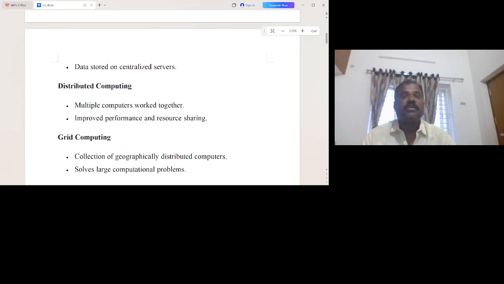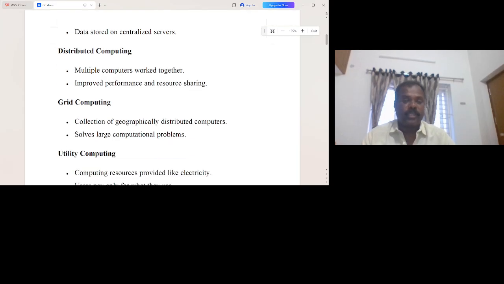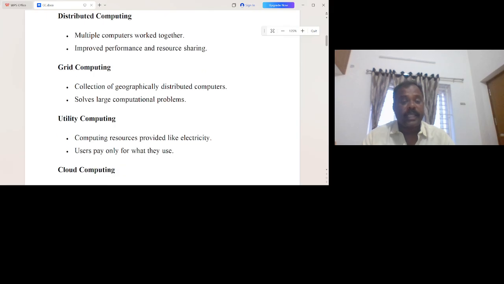Then next, distributed computing. Multiple computers work together. That's the main concept of distributed computing. The main application is improved performance and resource sharing. Then grid computing: a collection of geographically distributed computers. This is the grid computing concept.